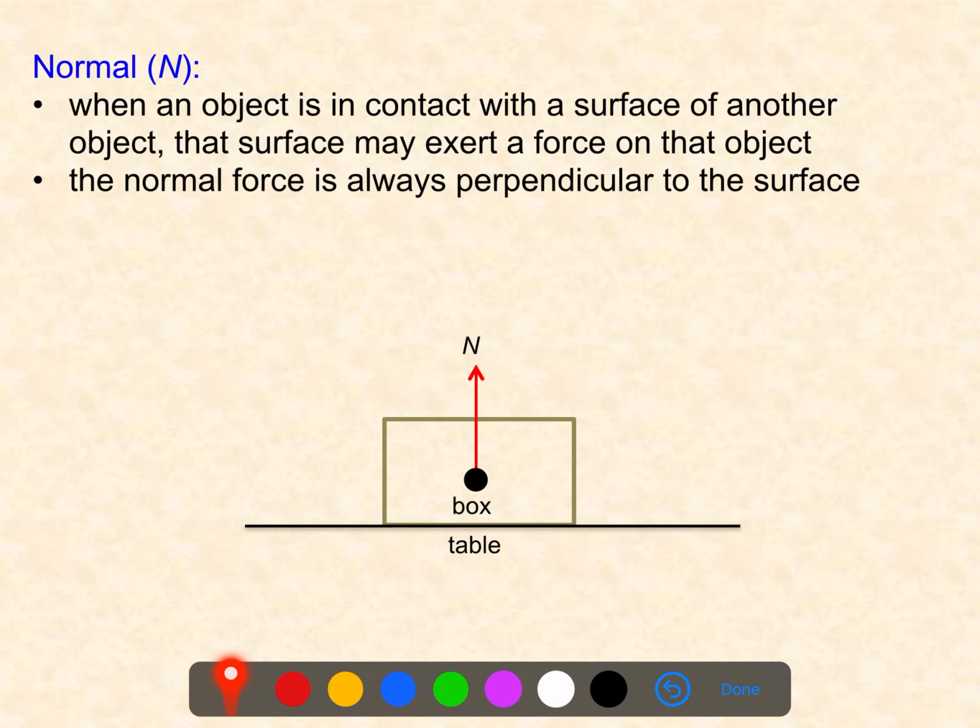But of course this surface could point off in any other direction, perhaps at an angle, and then the normal force will continue to point perpendicular to that surface. That's important to keep in mind. Don't fall into the trap of thinking that the normal force is always, quote-unquote, up.